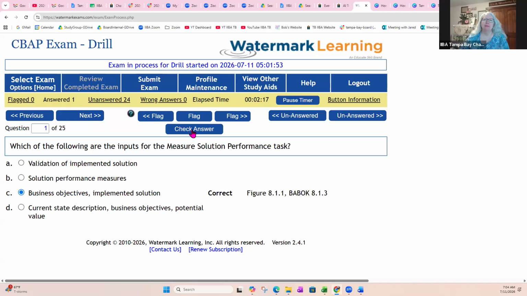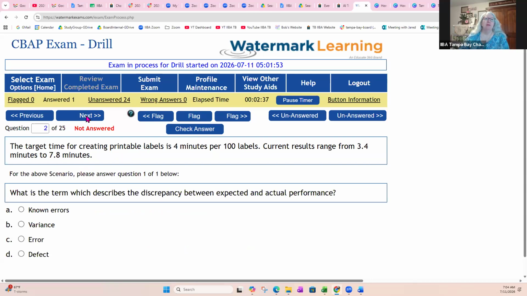And you are both correct. Very good. So you need the business objectives to say what we're trying to accomplish with this particular solution. And then you need the solution itself to do your performance measures. Good job.